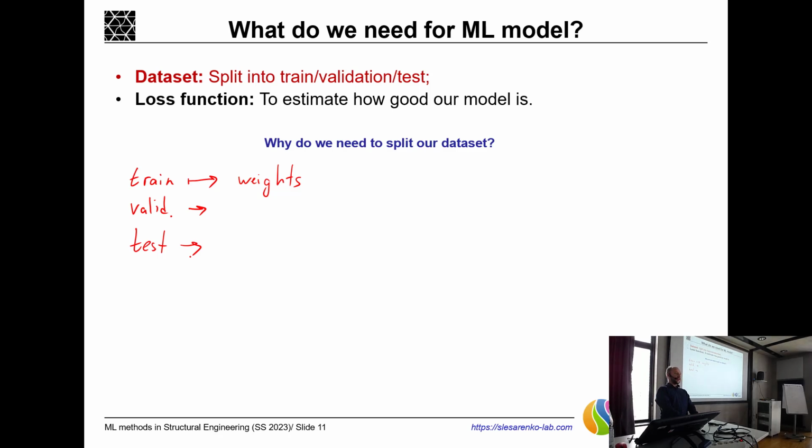The validation data set gives you so-called hyperparameters. It's something that you play with as a human, trying to make your model work. The model has no idea about the validation data set, but you do. So what you have here are so-called hyperparameters. Again, we will not go into these details, but it's something like layer size, number of layers.